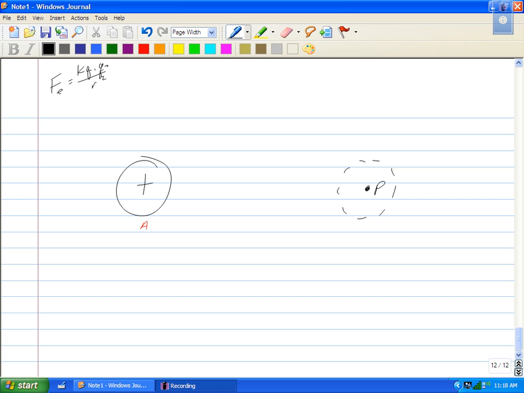Well, that's what I'm getting at. Is there anything at P? Let's go grab that positive charge that we had a second ago and plop it down at P. Does something happen to it? Yeah, if I drop that positive charge back at point P, now we have a repulsive force, right? Now I take that and put it away. Let me go get an electron. I plop it down at point P. There'll be an attractive force. So there's something going on at point P, even though there's no force right now because there's not a secondary charge.